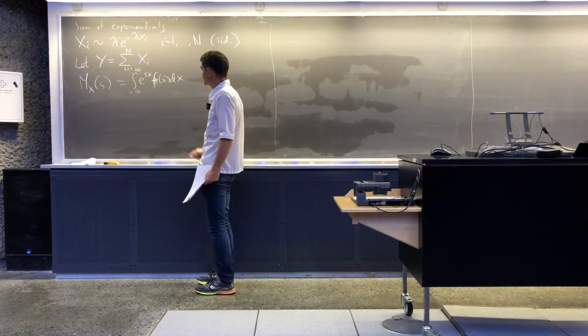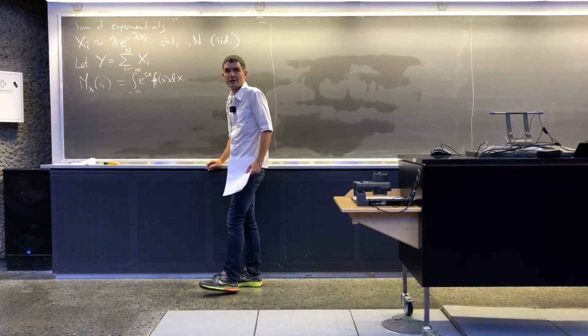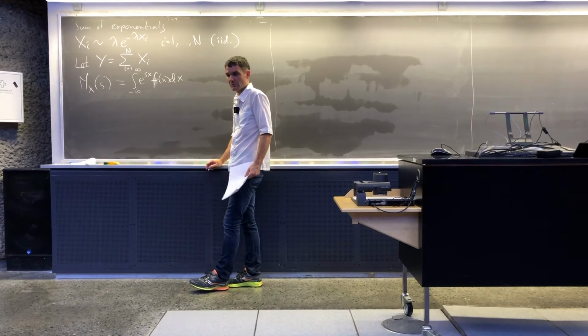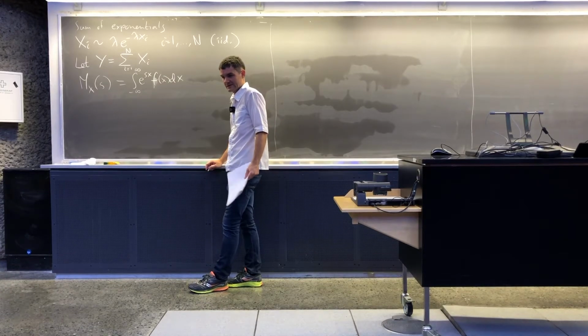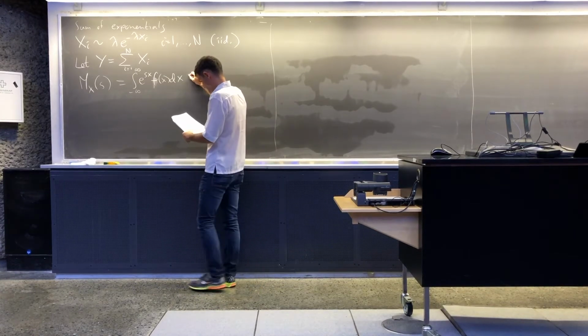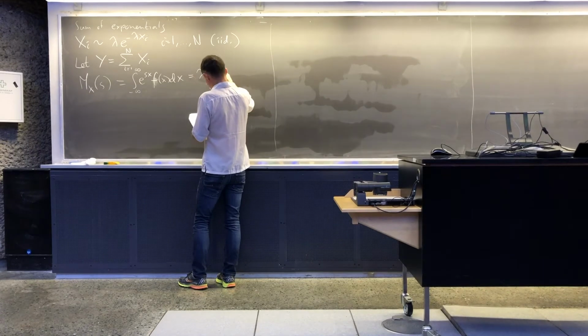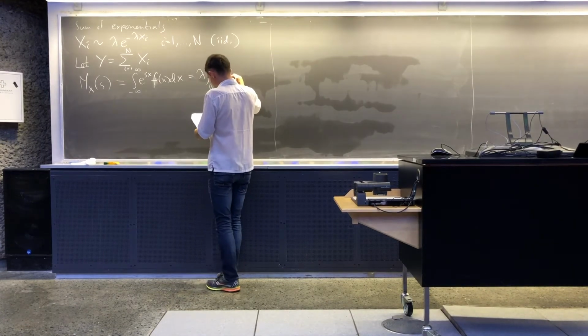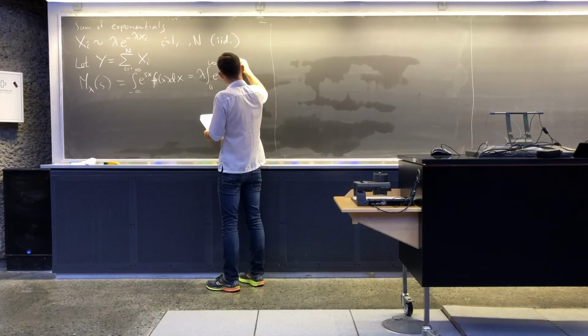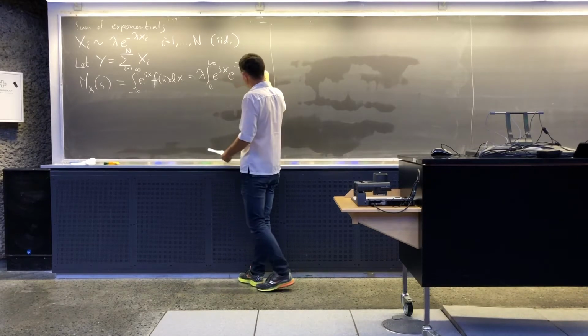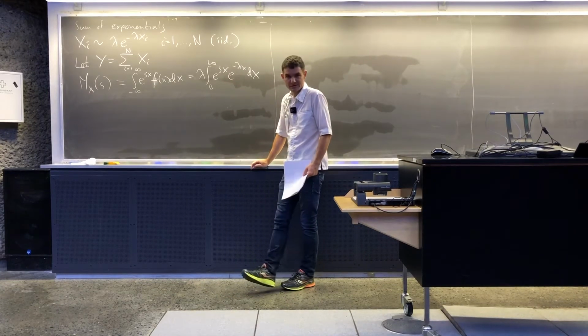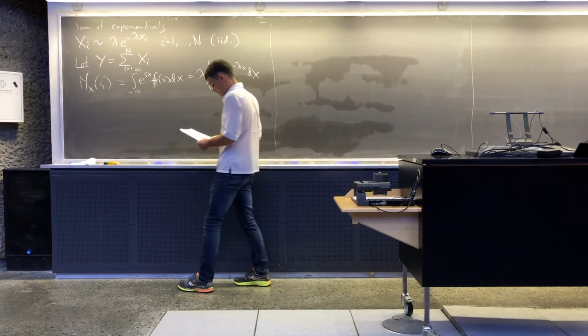But we know that this distribution is only defined for x greater than or equal to 0. So the integral I actually have to solve is this integral, and that's a straightforward integral to solve.